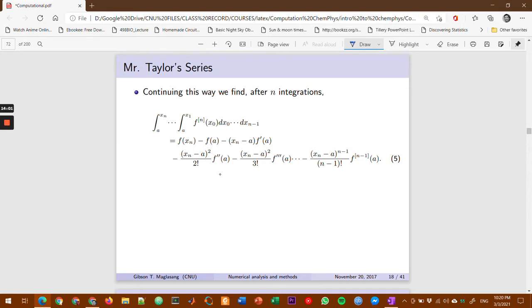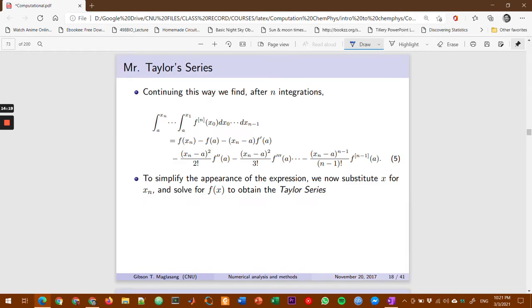So we'll just have to accept it, or if you're not convinced, you can calculate and derive it yourself. But for now, we'll just accept it as it is, given in equation 5.